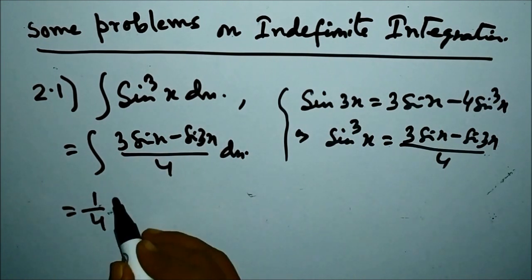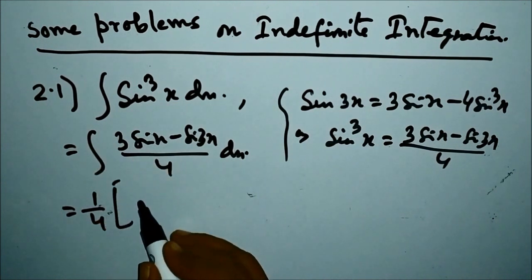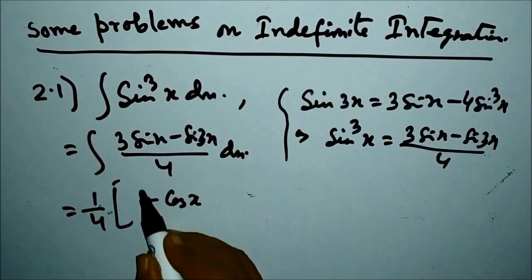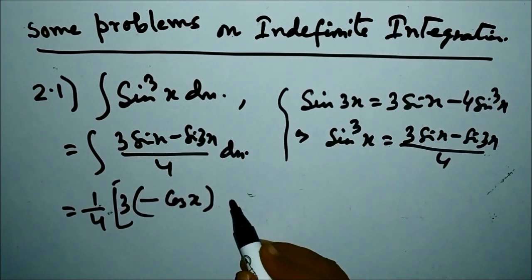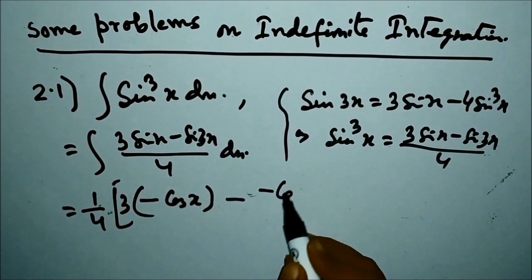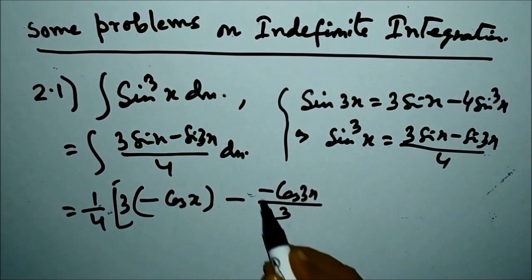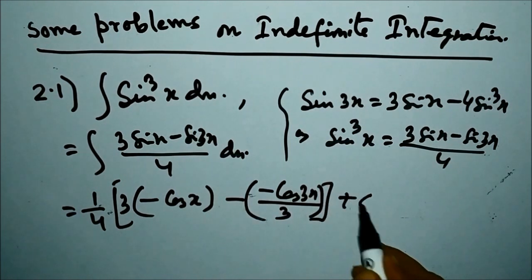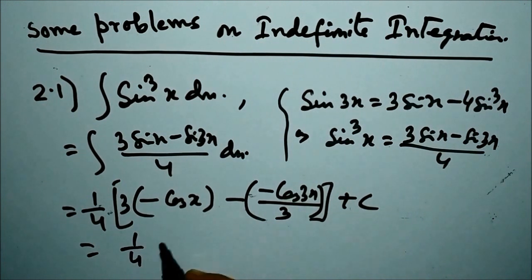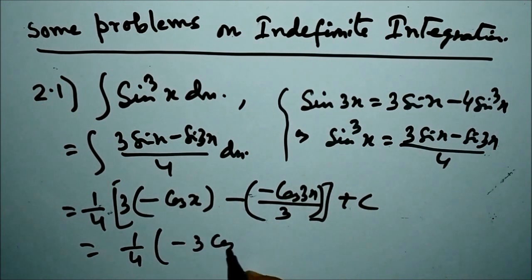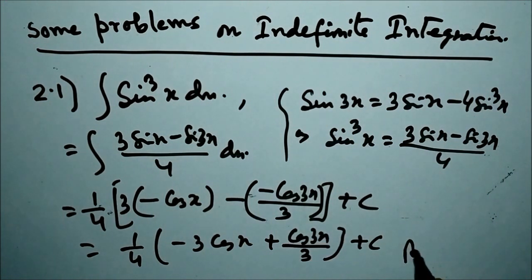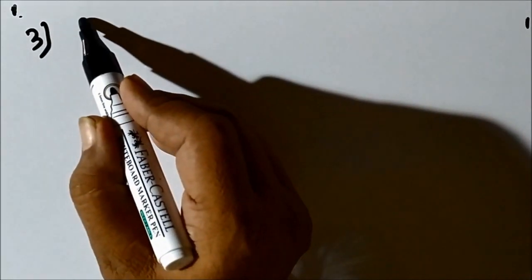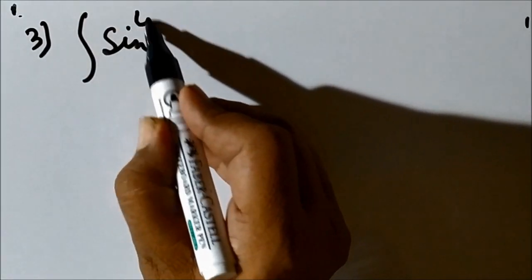The integral of sin x is minus cos x, with coefficient 3, and the integral of sin 3x is minus cos 3x by 3, plus c. This is equal to 1 by 4 times (minus 3 cos x plus cos 3x by 3) plus c. Answer.